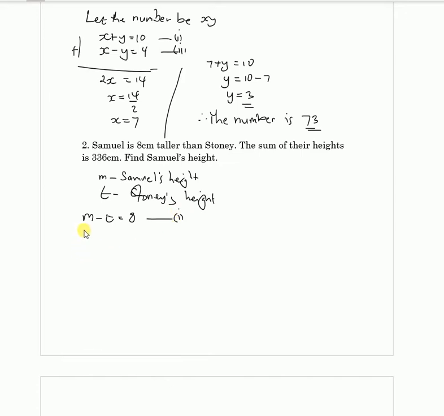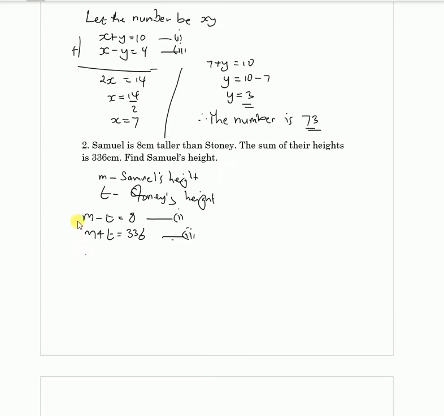Then they said the sum of their heights is 336. So you have M plus T is equal to 336. We shall just add these two because we are interested in Samuel's height. Because we are interested in Samuel's height, we are going to have 2M.